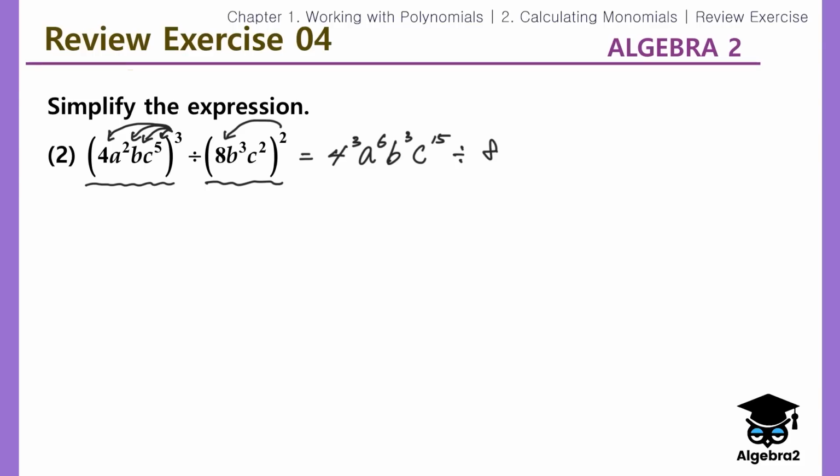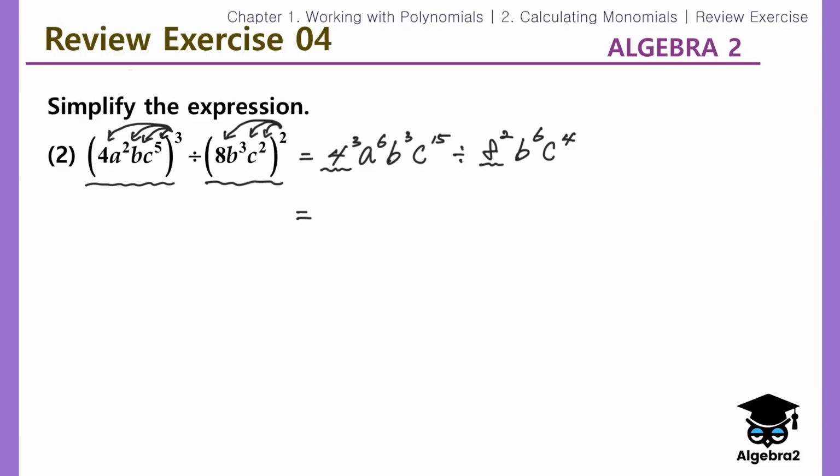Okay, 8 squared, b to the 6, right? b to the 6, and c to the 2 times 2, 4. So far, so good. So that is equal to, okay, we have 4 cubed, that's 64.